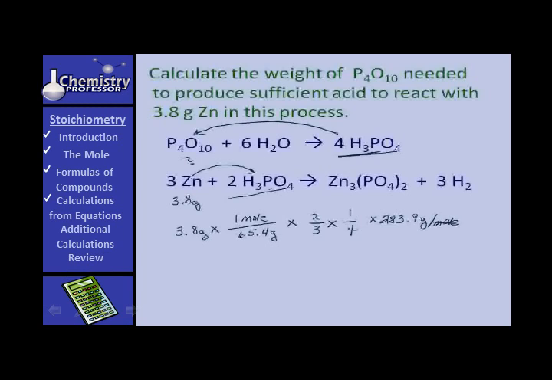And our units cancel, moles cancel moles, grams cancel grams, and we're going to be left with grams of P4O10. And I get that answer to be 2.7 grams. Now, have you got the idea of how to handle multiple equations?